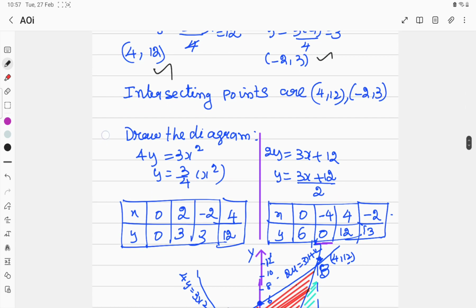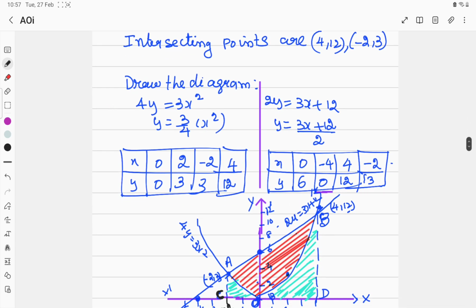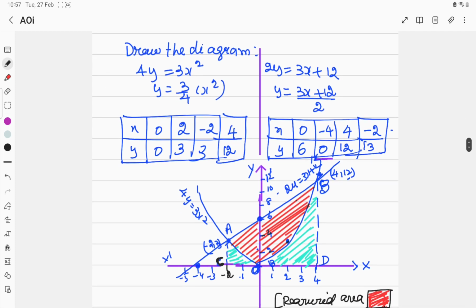So, given the points, we have to draw the diagram. See the diagram. This is 4y = 3x², a parabolic curve.